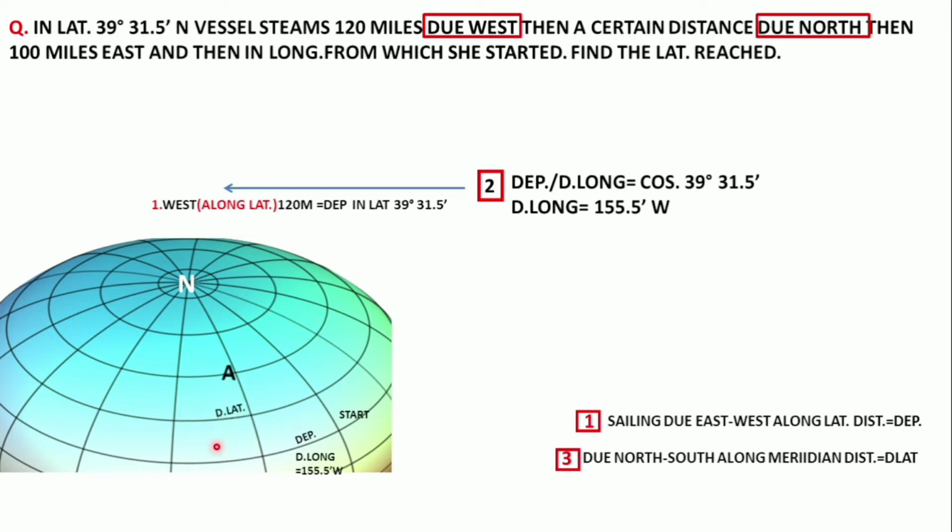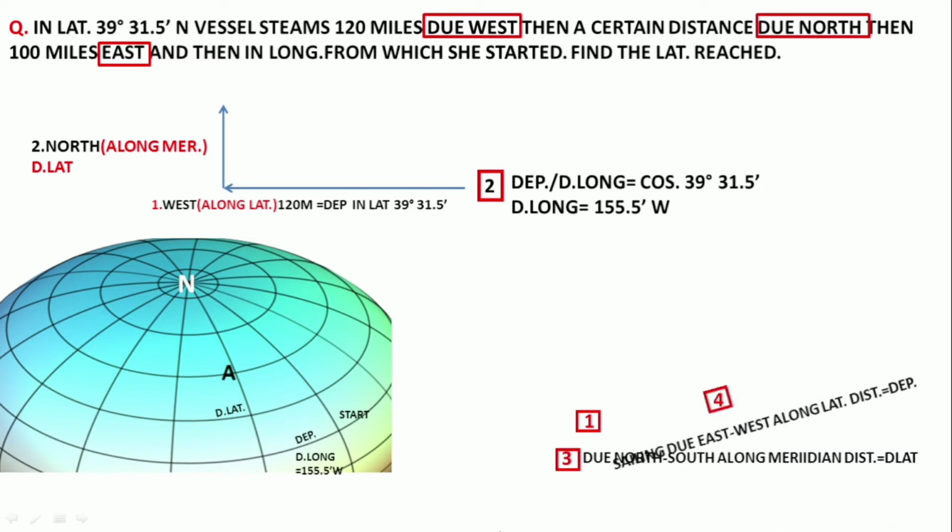So the distance traveled by it is D lat. Then it goes east again. Going east or west, the distance traveled is always your departure.